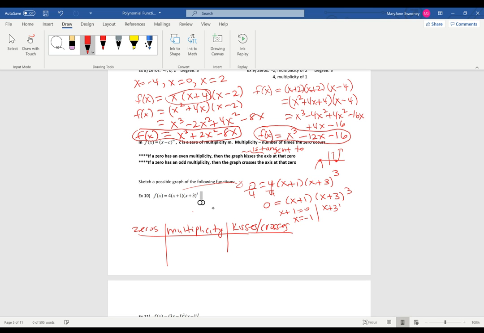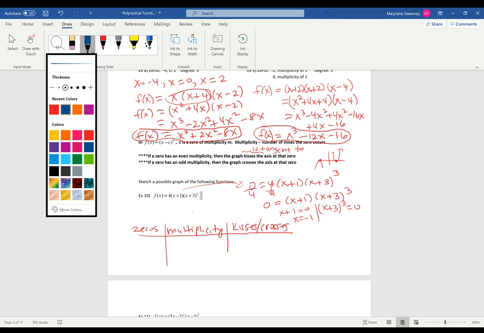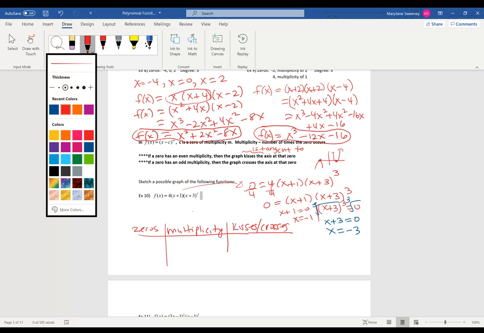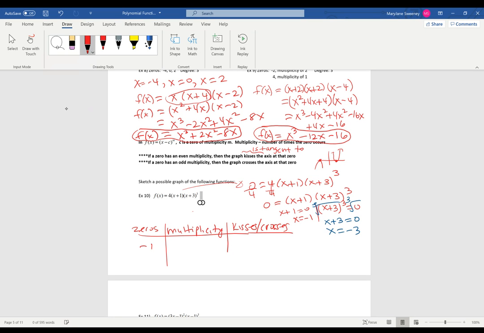You'd set (x + 3) cubed equal to 0. To solve that, you would take the cube root and get x + 3 equals 0, so x is -3. So basically, your zeros are -1 and -3.